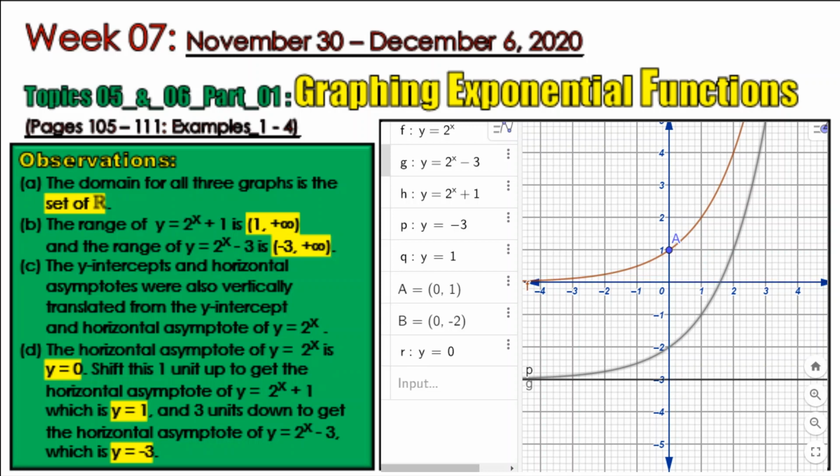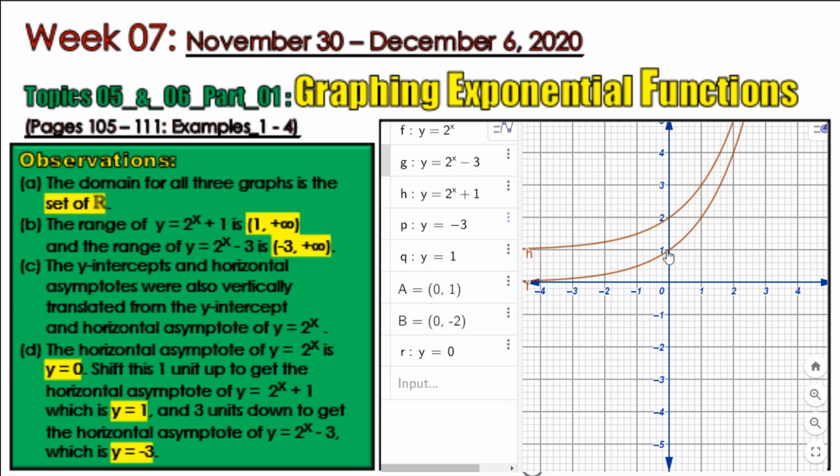How about if we have the next function? We have y is equal to 2 raised to x plus 1. So we have plus 1. It means it would be vertically translated upward 1 unit.